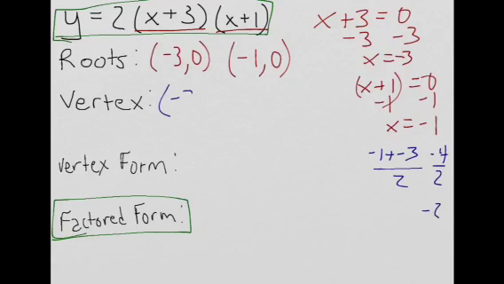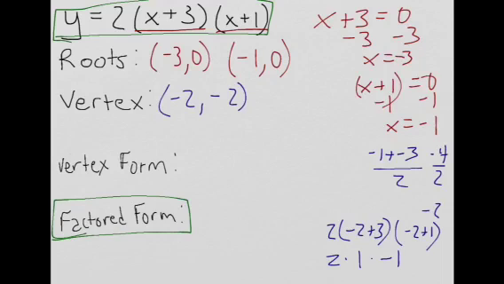So we have a vertex x value of negative 2, and then we just have to figure out our y value, which is going to be 2 times negative 2 plus 3 times negative 2 plus 1. So we have 2 times 1 times negative 1, which would give us negative 2.